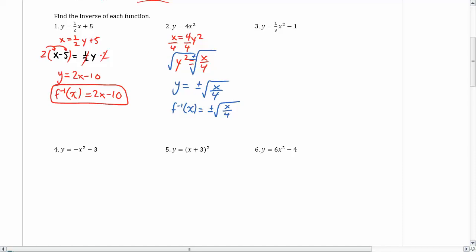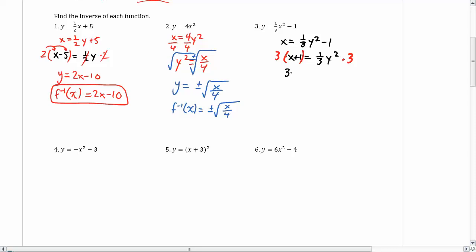Cool. Next, same idea. Switch x and y. So x equals 1/3 y squared minus 1. Now, it's a little more complicated, just a few more algebra steps really. Add 1 to both sides. So x plus 1 equals 1/3 y squared. Multiply both sides by 3. Make sure that gets distributed everywhere.